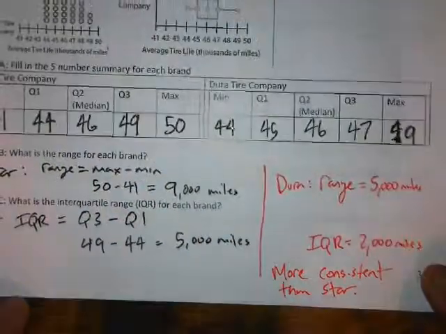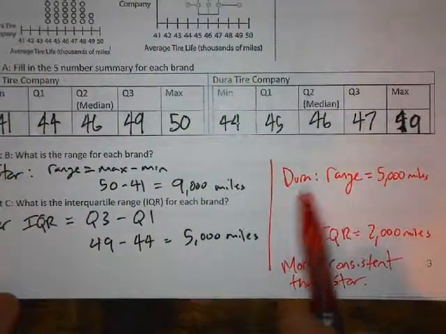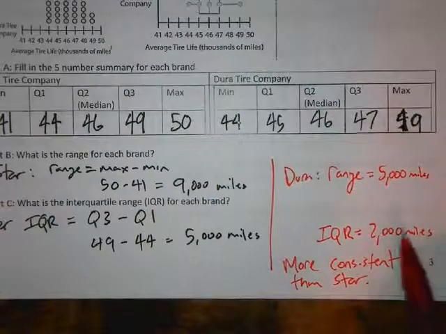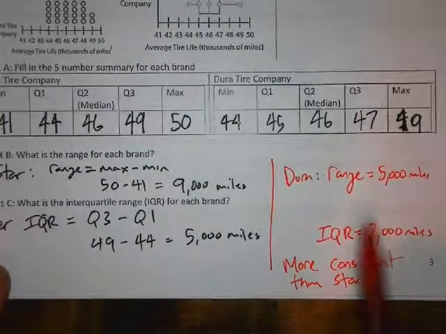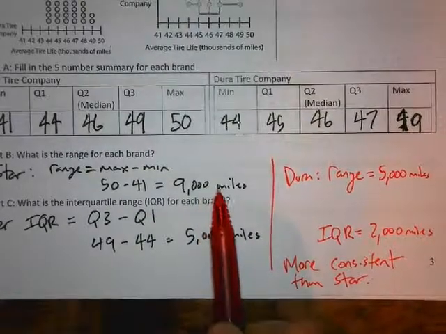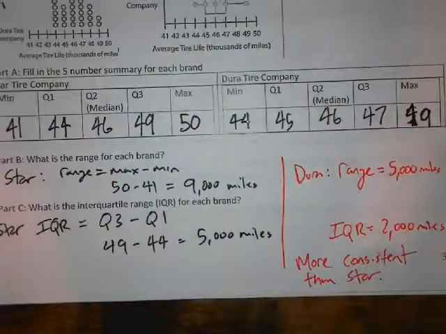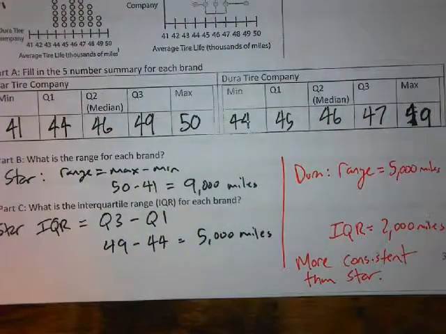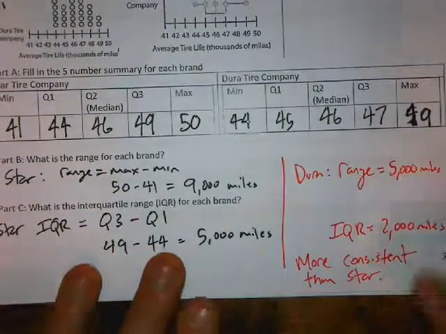It means if you get a tire from Dura, you can expect that it's going to be in a closer range of miles than from Star. Star tires could last 41,000 miles and they could last 50,000 miles. You don't know what to expect. Okay, let's summarize what that means on the next page.